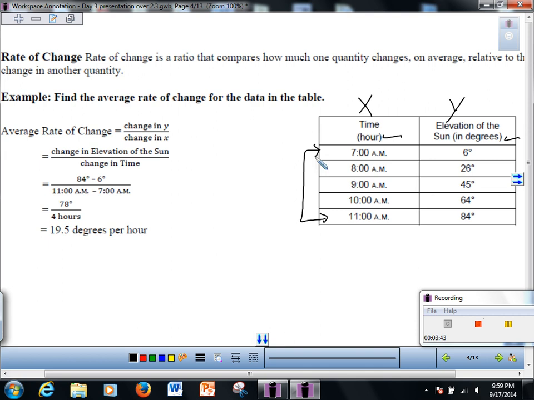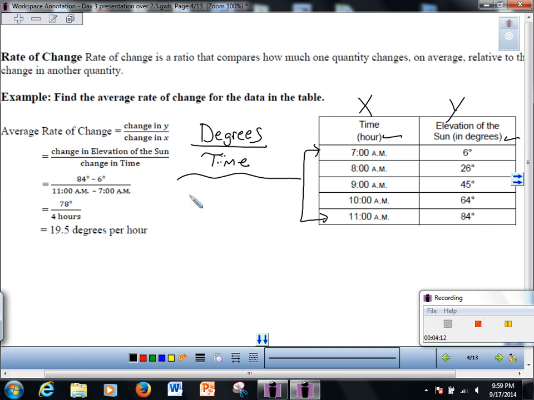So here's what we got going. We want to figure out how many degrees it's changed compared to the time. And then we'll give this another name here in a second. From 11 o'clock to 7 o'clock, it went from 6 to 84.